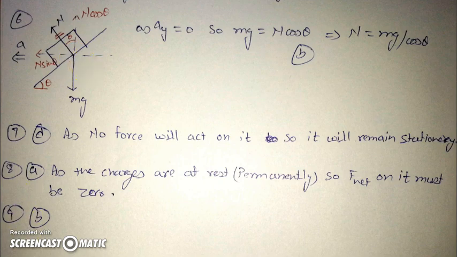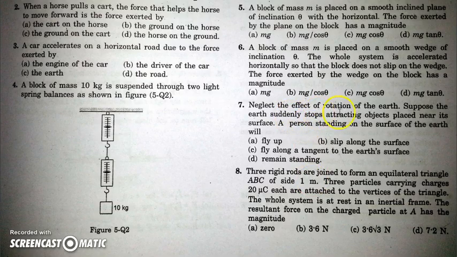Okay. The next question: we have to neglect the effect of rotation of the earth. Suppose that the earth suddenly stops attracting objects placed near its surface. A person is standing on the surface of the earth. We don't have to consider the rotation of the earth, so the earth is still, and a person is standing on it, and the force of gravity just vanishes at t equal to 0.